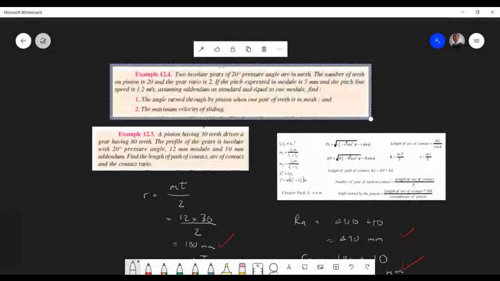They say there, assuming an addendum as standard and equal to 1 module, which means it's 5. The addendum is 5 millimeters. Are you guys happy with that? So they'll tell you. It typically says it's 1 module or 1.5 module or whatever, but in this case, it's just given to us as 10 millimeters. Are you guys happy with that? Is everyone happy with that?